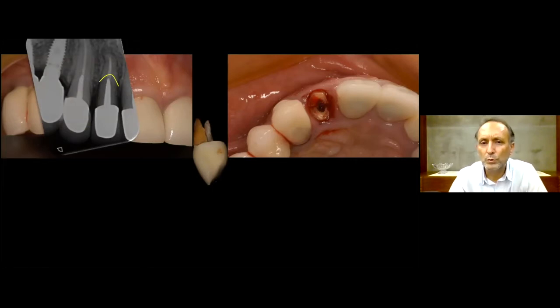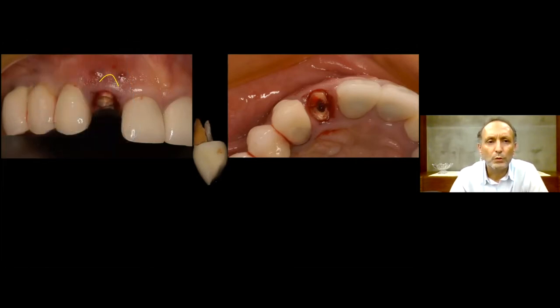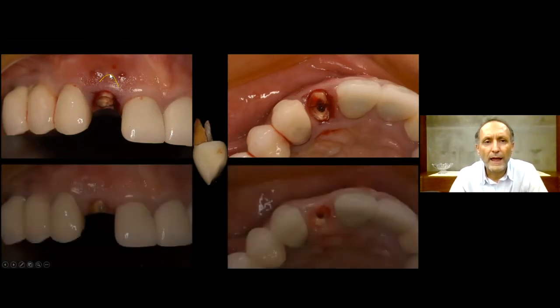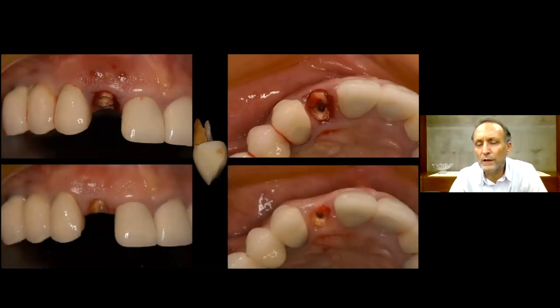Why don't we do what we learned how to do? This is the bone level, and it goes deeper. When we removed only the buccal part of the root, we ended up with a buccal depression.